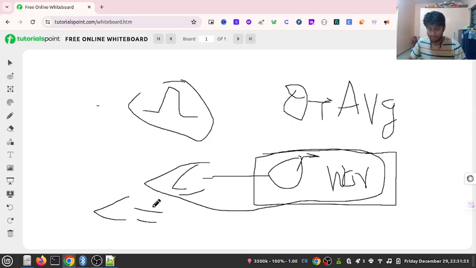Big omega is the best case, where the complexity is going to be at least more than the best case. So that is nothing but big omega.